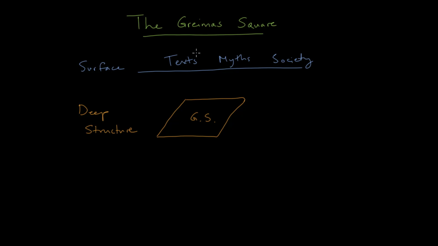So when we are reading a text, let's say, we can relate elements within that text to particular points on the square, right? So different things within that text can be related to the square. And there's a process of abstraction that's part of this. And that's, of course, why the Greimas Square is a great example of structuralism.